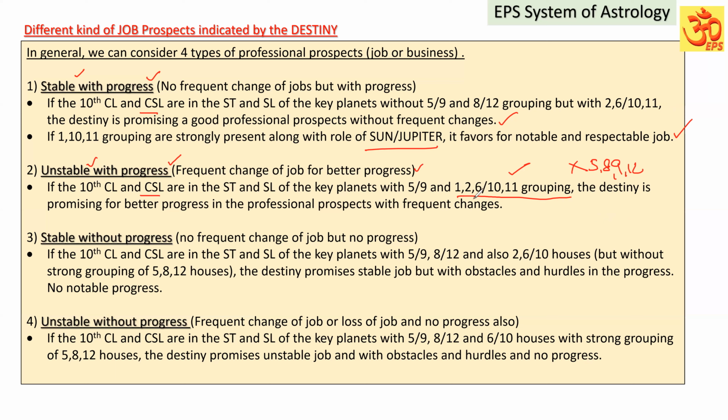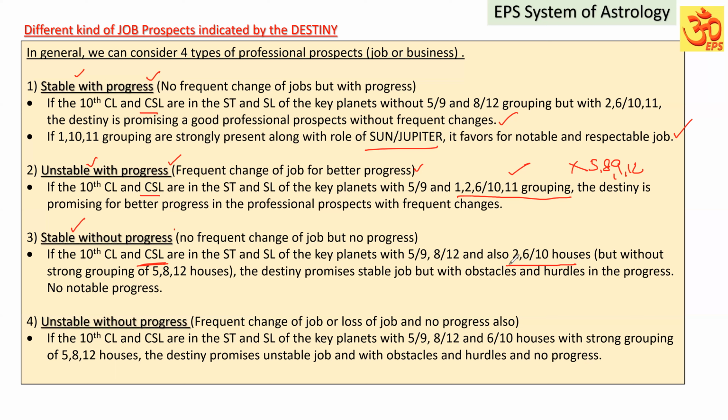If the 10th cuspal lord and the 10th cuspal sublord are in the star and sub of the key planets of 5, 9, 8, 12, and also 2, 6, 10 houses, it means both favorable and unfavorable houses are present, but without a strong grouping of 5, 8, 12.